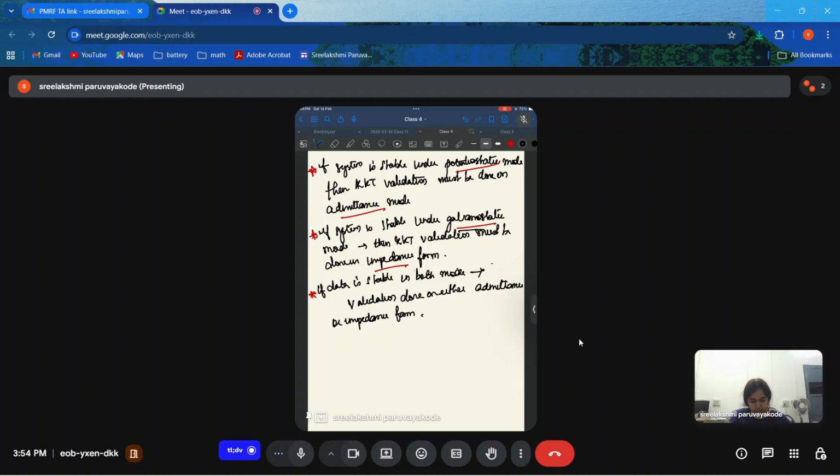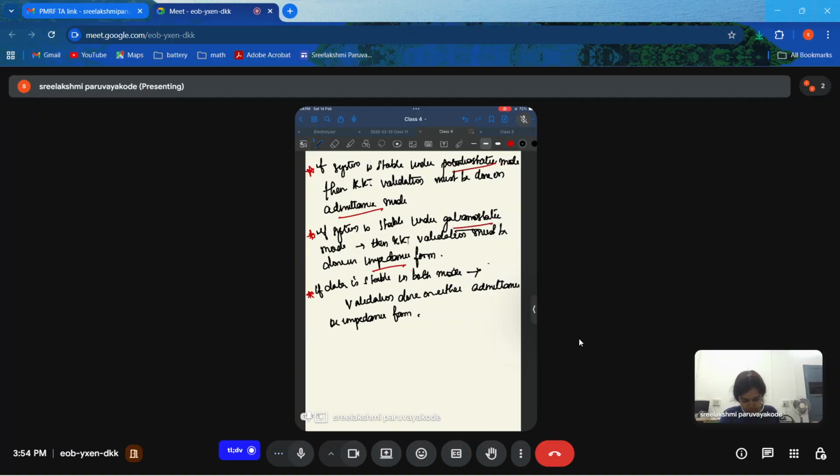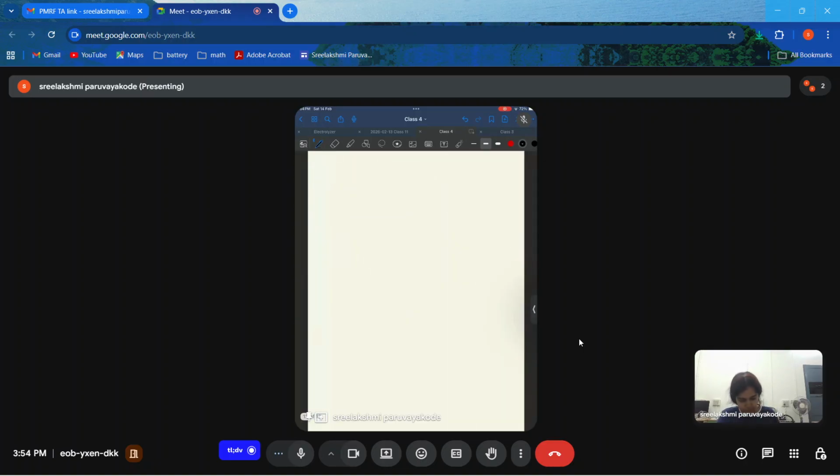Now the next case, what if the impedance values are close to zero? What will you do? If the impedance value is very close to zero, it will have a significant amount of errors.